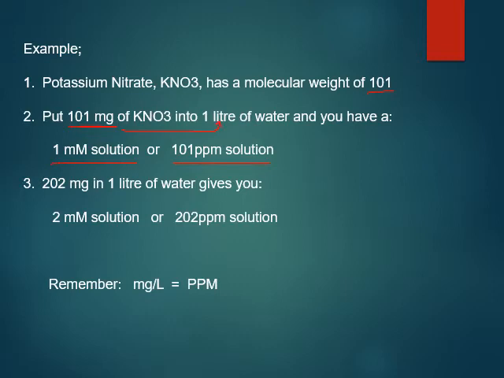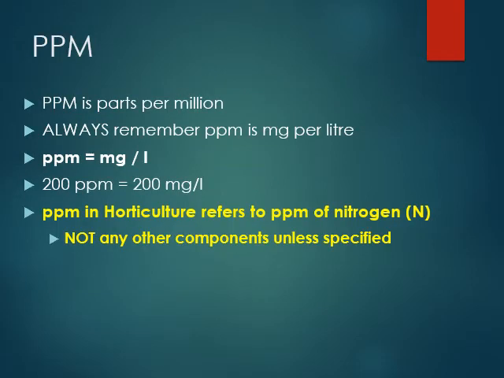If we double that to 202 milligrams per liter, it is 2 millimoles, or 202 ppm. So the key thing here to remember is that 1 milligram per liter is the exact same thing as ppm. ppm stands for parts per million, same as milligrams per liter.